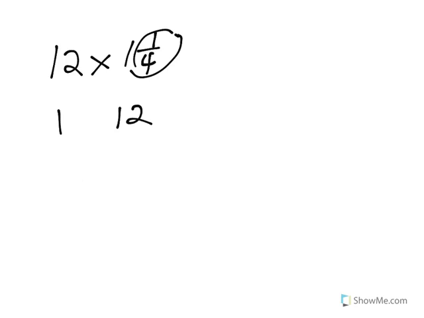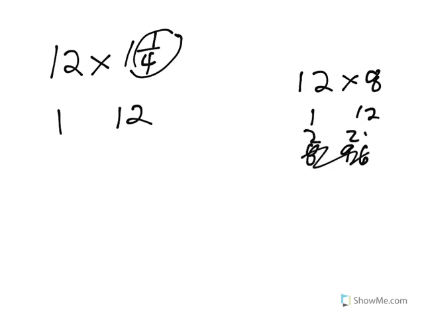Just like if you're multiplying by, let's just say 8, they wouldn't just jump straight to saying 896. Instead, they would sort of build up to it.